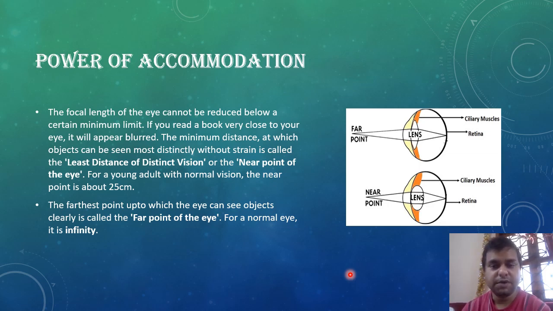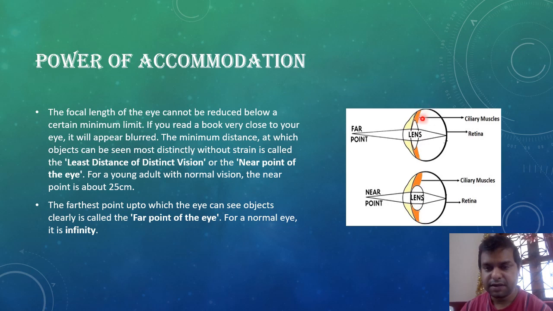Beyond normal vision, for each person, it will vary. So the far point of the eye is the farthest point up to which an eye can see objects clearly. For a normal eye, it is infinity. And you see there is a difference not just in the lenses in the case of the far point and near point, but also in the ciliary muscles.